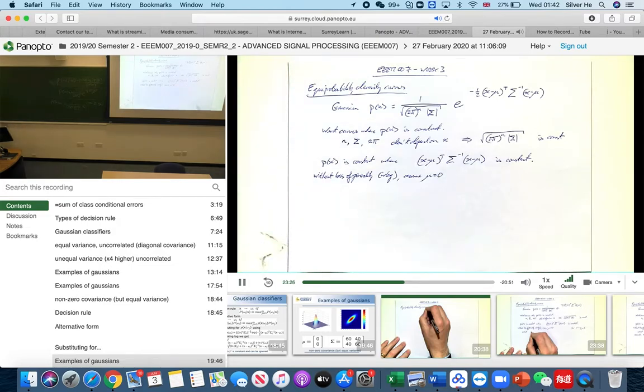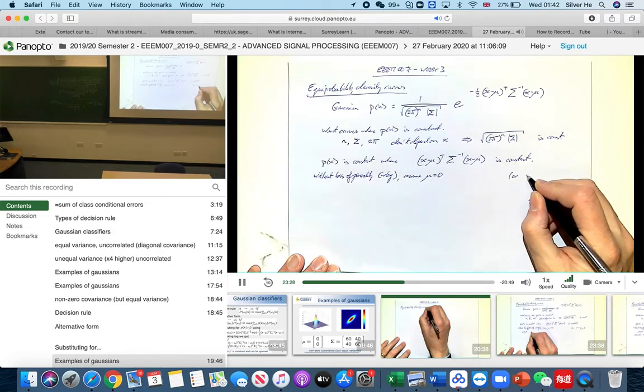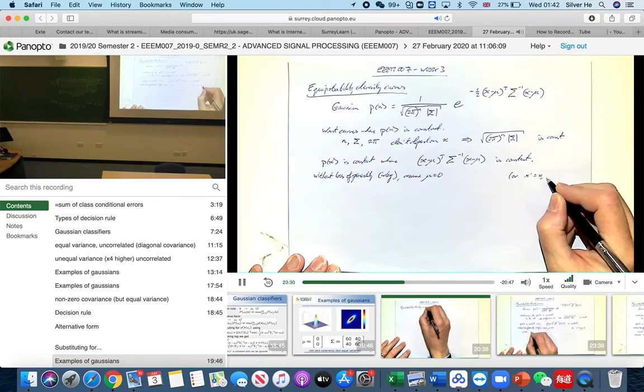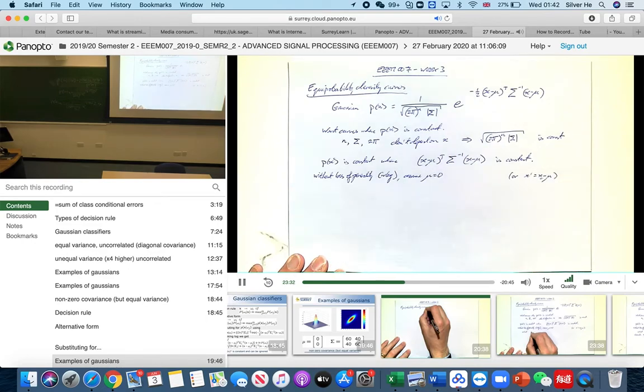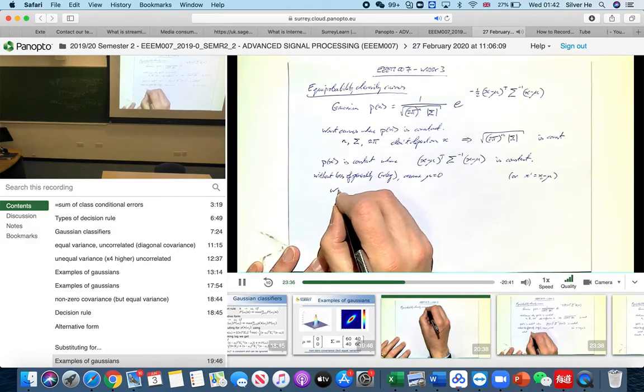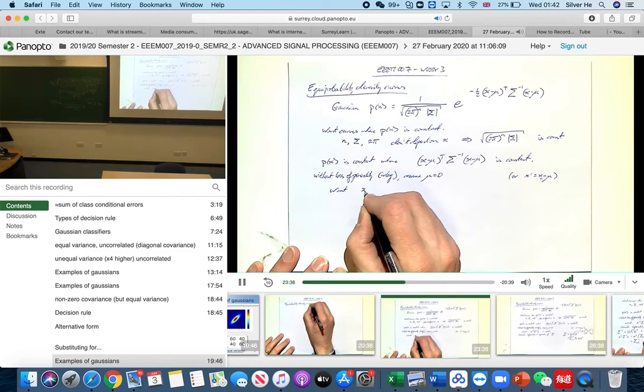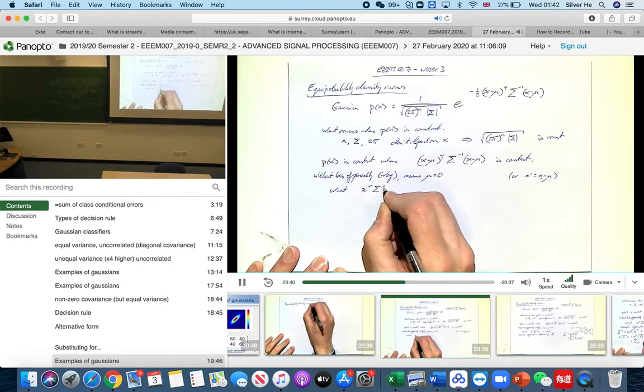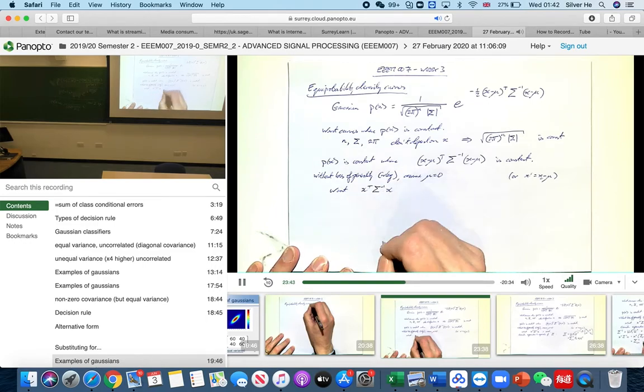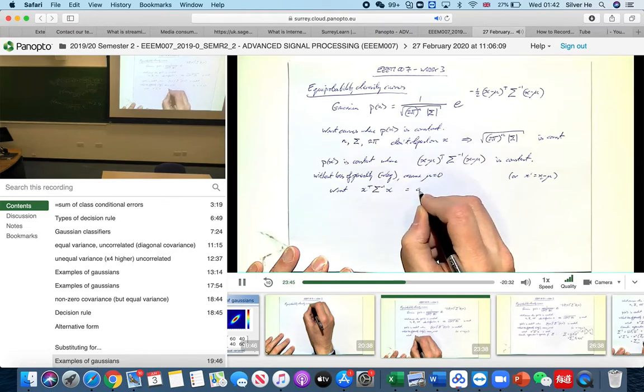Alternatively, we can substitute, where x dashed is x minus mu. We can do a substitution if you like. So therefore, we want x transpose sigma to the minus 1 x equals constant.